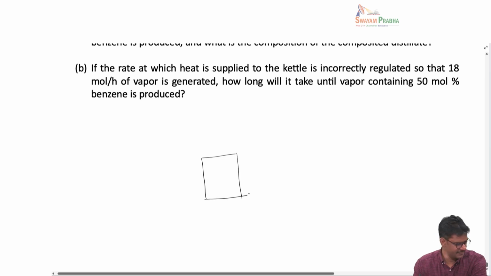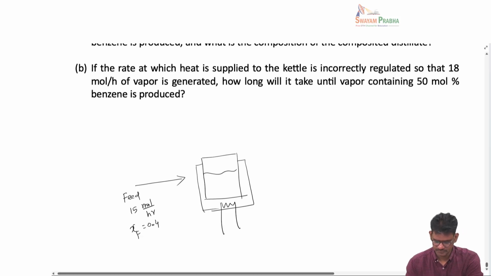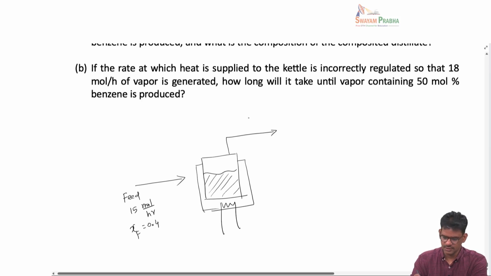Okay, so this is my kettle, and this has a kind of heating jacket where heat is supplied and feed is constantly sent. This is 15 moles per hour with a composition xF equal to 0.4. And the vapor is flowing at 15 moles per hour with some composition y, which is changing with respect to time.